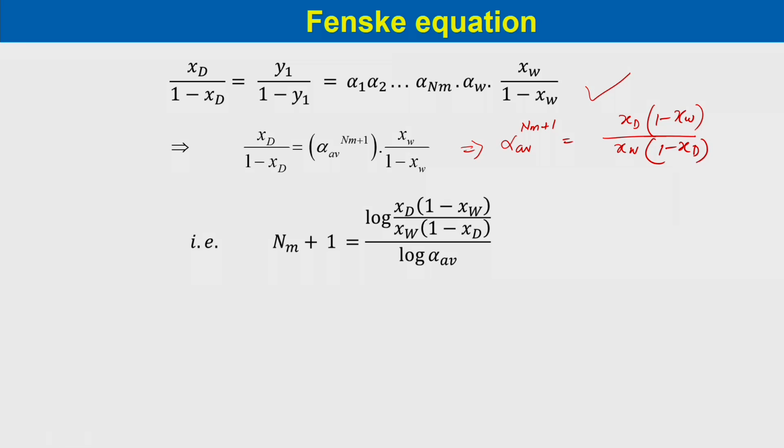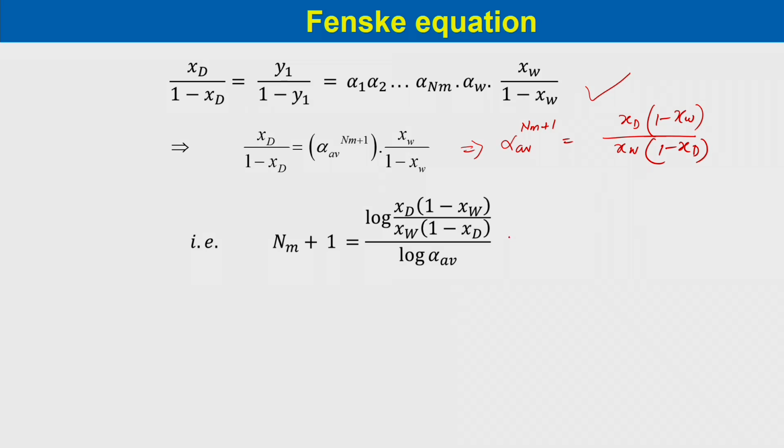Now, taking log for both sides, we can write nm plus 1 would be equal to log of x_d into 1 minus x_w divided by x_w into 1 minus x_d, whole divided by log alpha average.